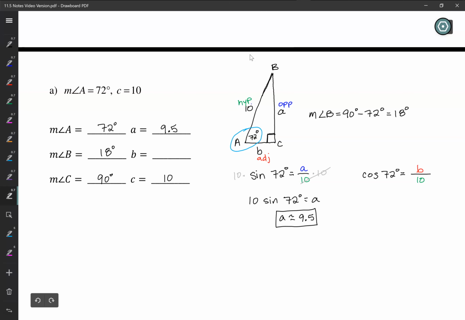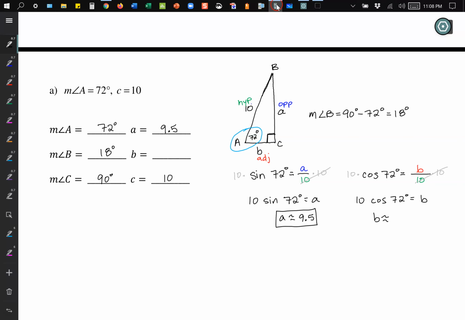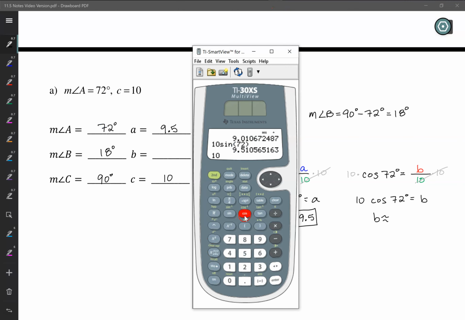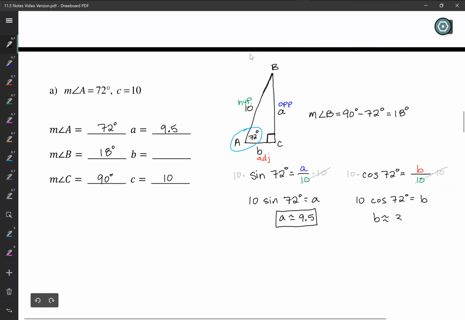Multiply both sides by 10. And you get that 10 times the cosine of 72 degrees equals B. So B is about 3.1.